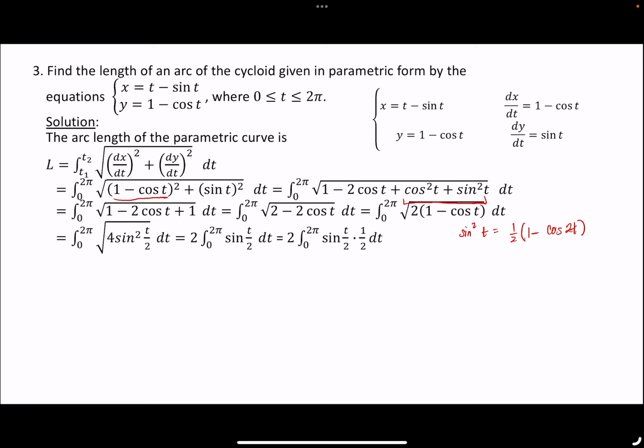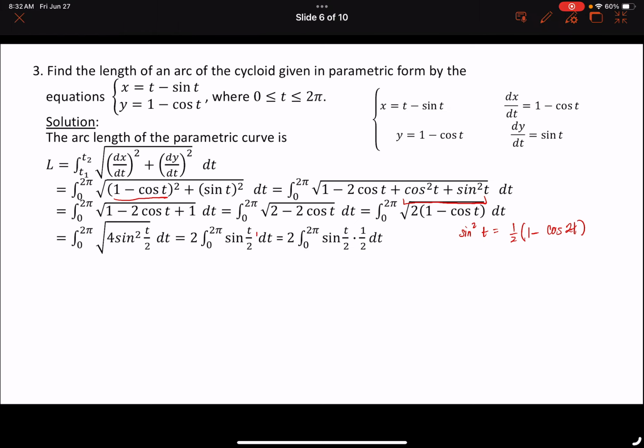We apply correction factor and neutralizing factor. So we need 1 half here and multiply it by 2.